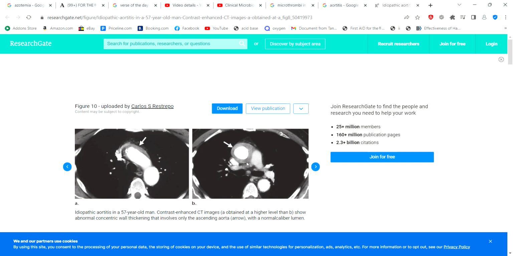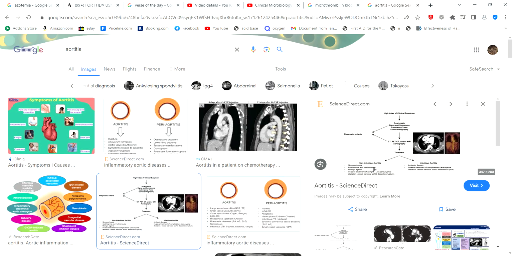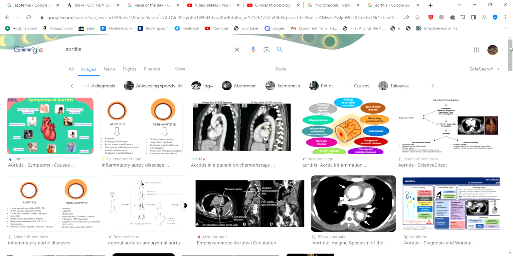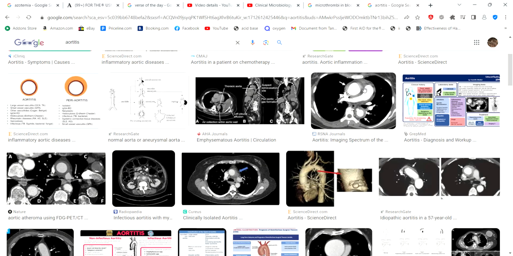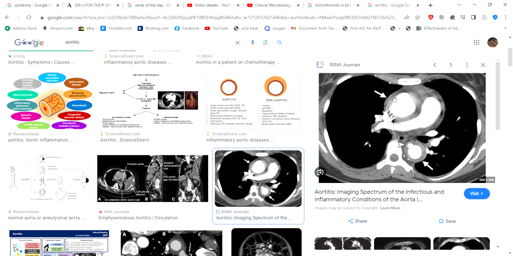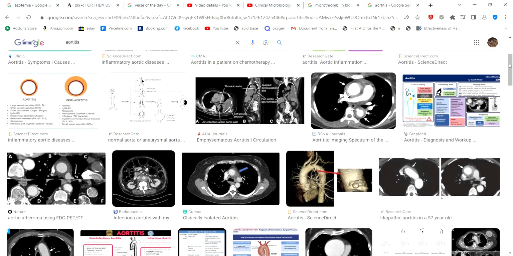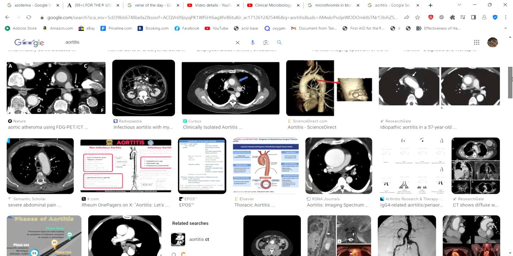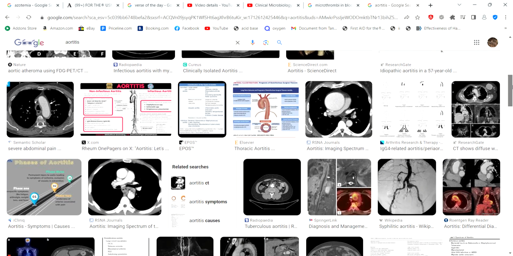Okay, so this is the aorta right here. It is the inflammation of the aorta. So come back here. This is the aorta, and it's the inflammation of the aorta, and this can be seen in tertiary syphilis.